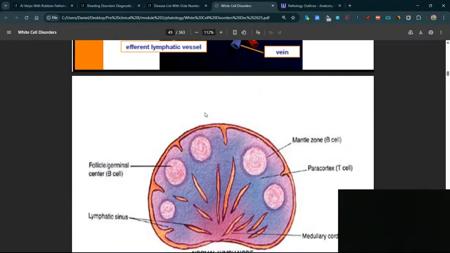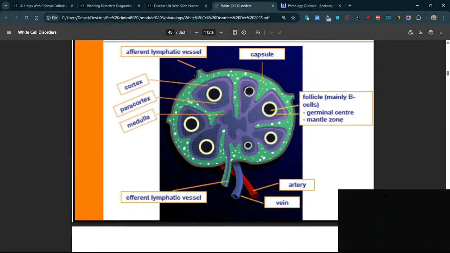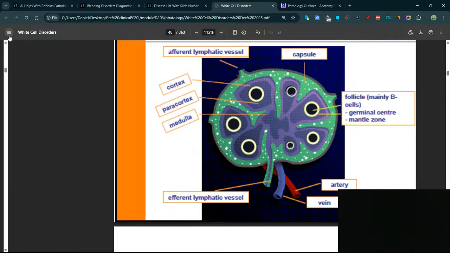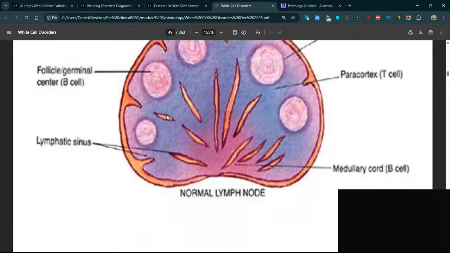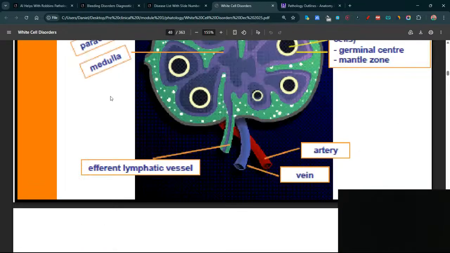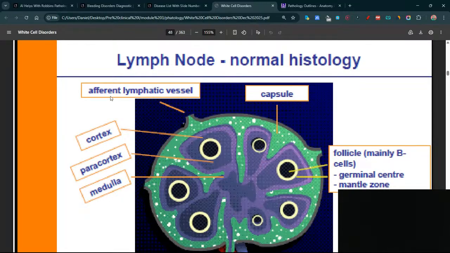So you see the follicle, right? The follicle is not completely visible. All right, okay, what is a follicle? Now this is the histology of the lymph node.